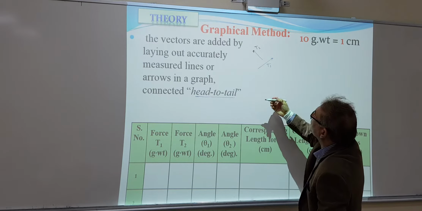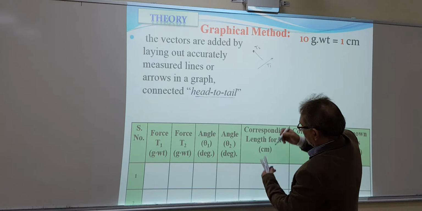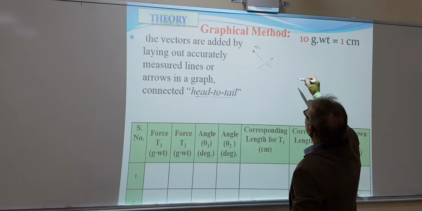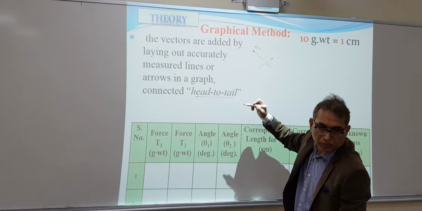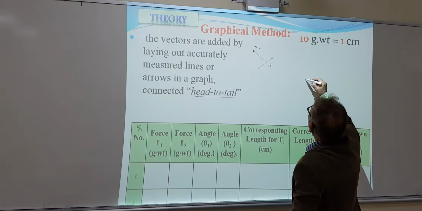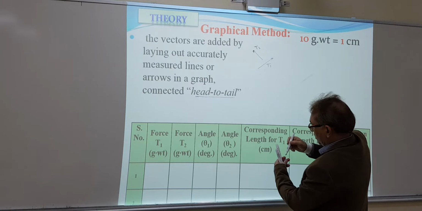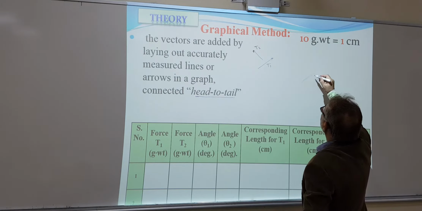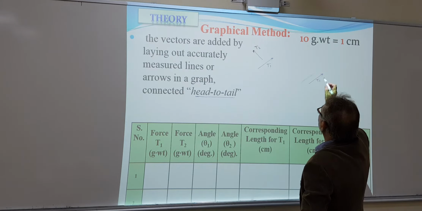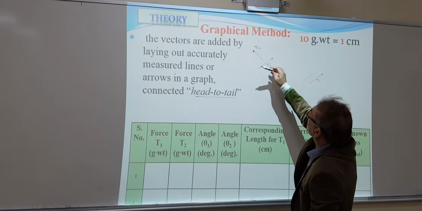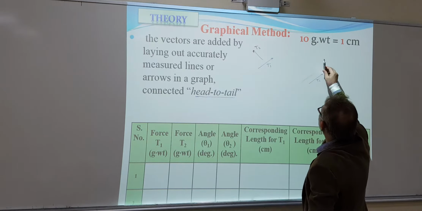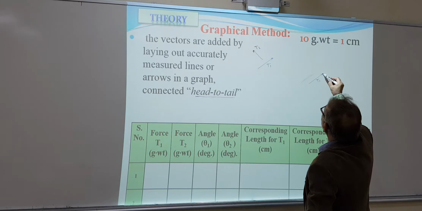So first we draw T1 as it is. I use the same color just for your understanding. This is the same length, same direction. T1, you bring the beginning of T2 to the end of the first, with the same angle.